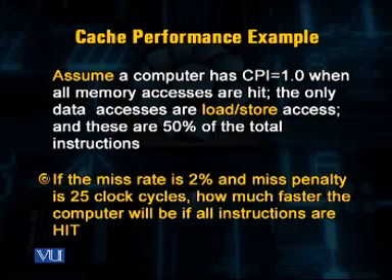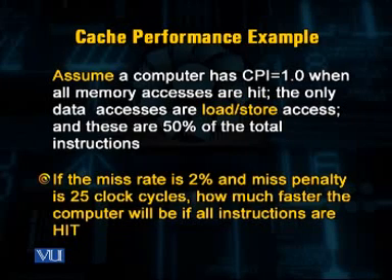Now, if the miss rate is 2% and the miss penalty is 25 clock cycles, then let us find out how much faster the computer will be if all instructions are hits.